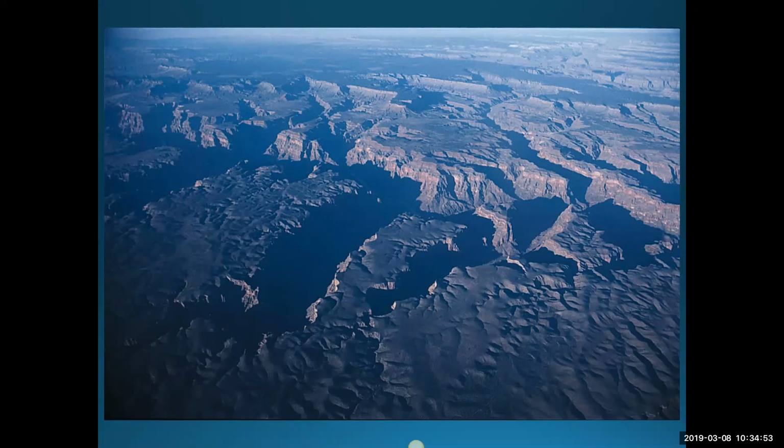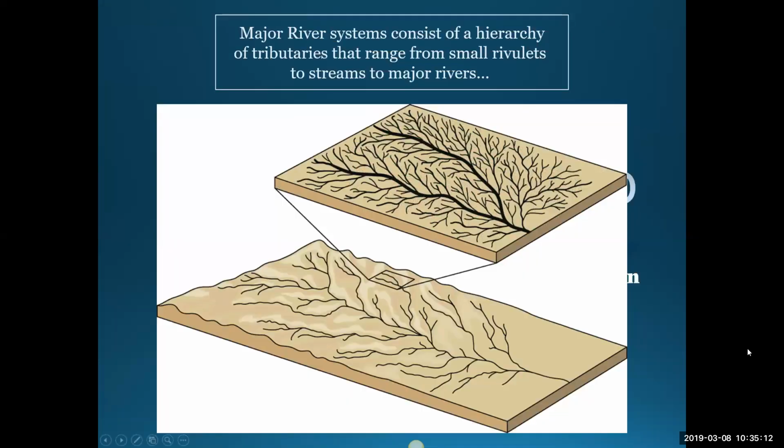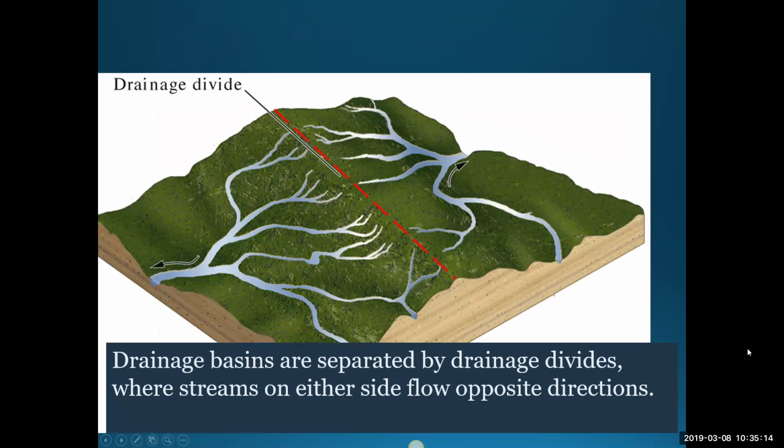Our beautiful country has been carved by the river systems, and they're the biggest factor in understanding why our rocks and landforms look the way they look. I mean, there's other stuff too, but river systems are incredibly important.